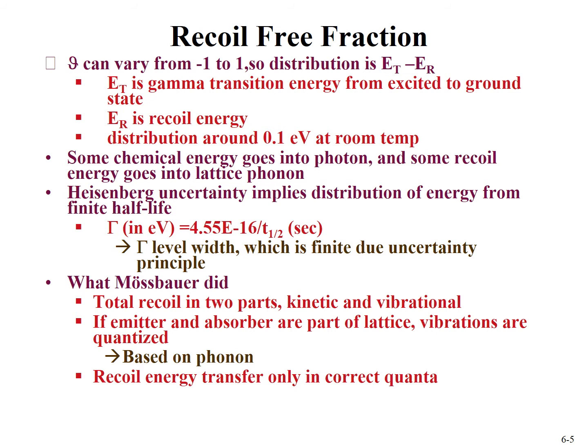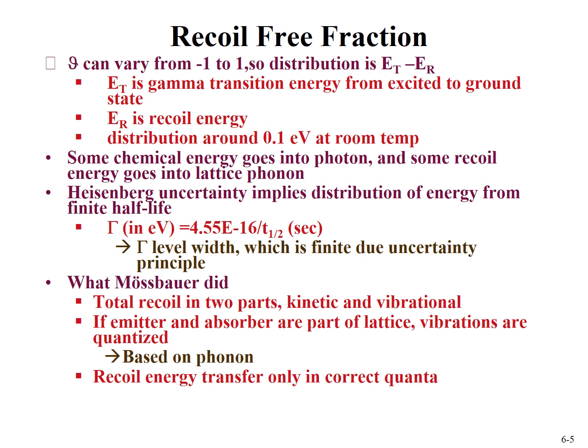Since these gamma states are very short-lived, the Heisenberg uncertainty principle comes into play, and there's something called a gamma level width, which is finite due to the uncertainty principle. And what this says is that even though I have a very defined energy of that excited state, I actually have a distribution of energy because of my lifetimes being so short.